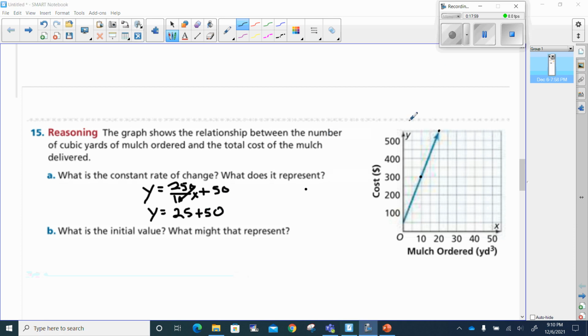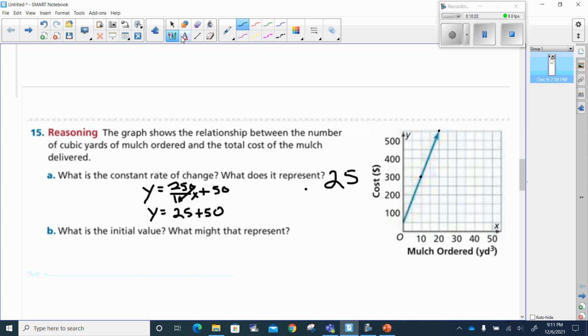So when this problem is asking us what is the constant rate of change, the rate of change is 25. Okay? And what does it represent? It represents that every yard costs me $25.